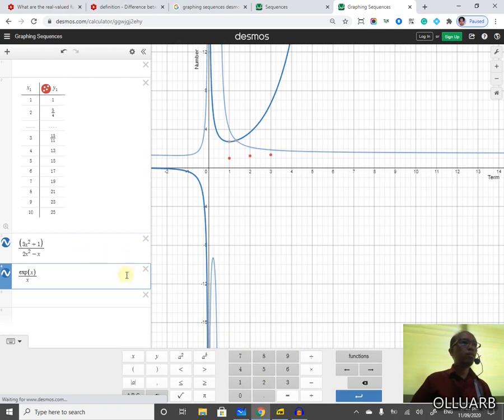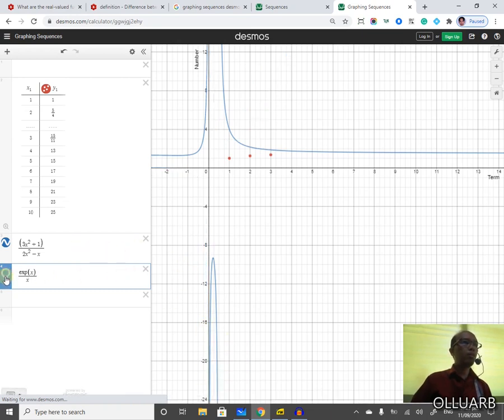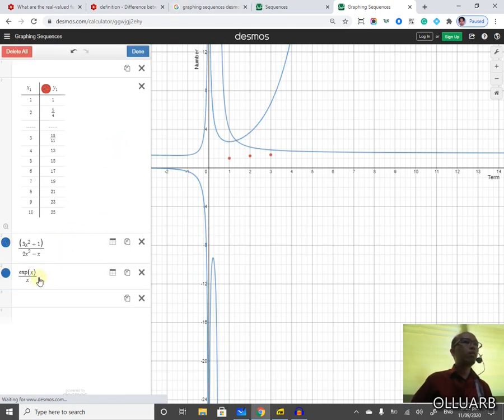I think I have to replace the color to red.